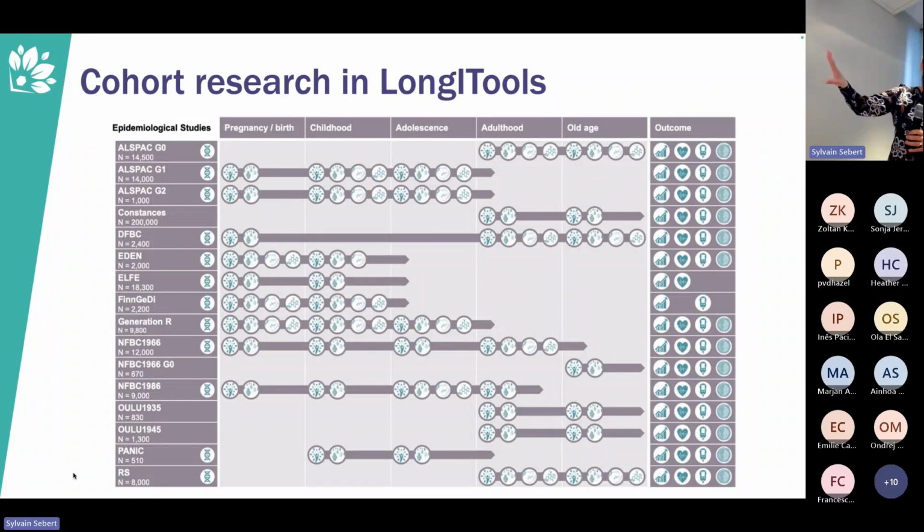So no need to look at the details of this graph, but this is a figure that we used in the original application. And basically it shows you a list of the cohorts that are involved. So message here, quite a few cohort studies involved in LongITools. And you see that they range from sort of early life cohorts starting around pregnancy or at birth, going through childhood, adolescence, adulthood, and into old age.